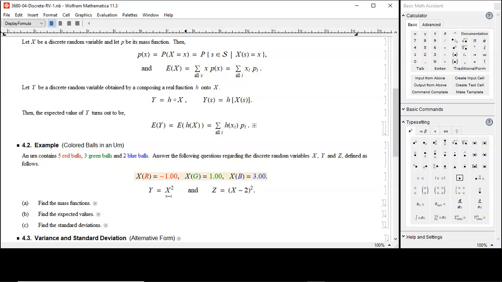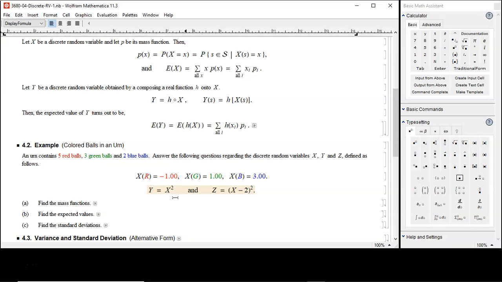Now, let's consider this random variable. Y is x squared. You see? This composite map h is the square function. So whatever capital X value, I square it.